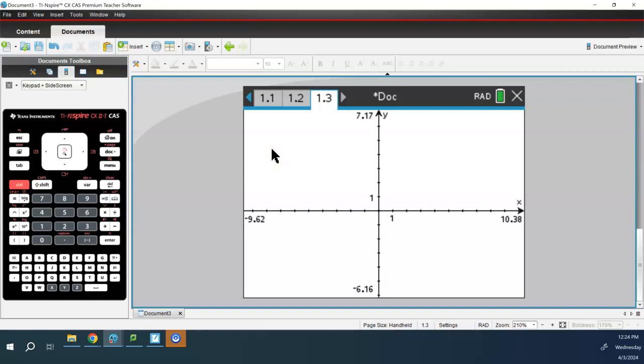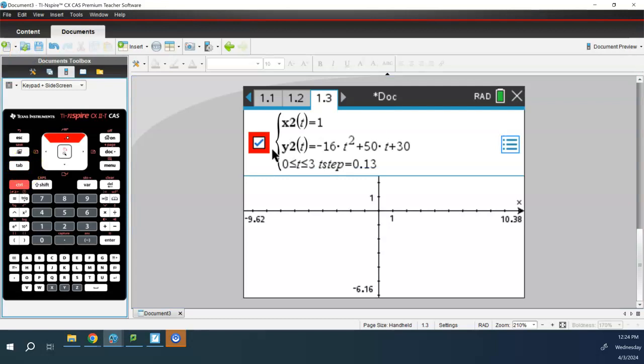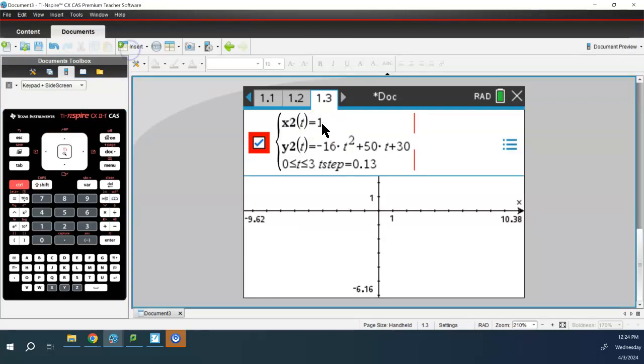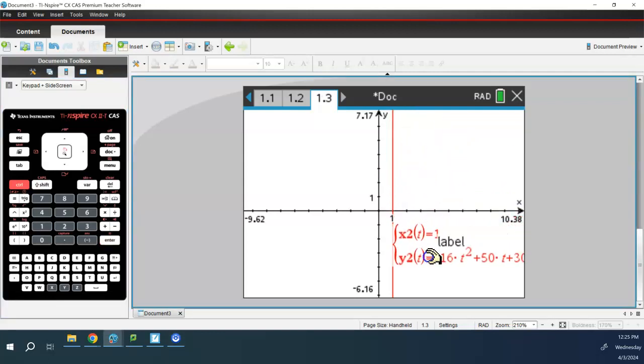What did I screw up on? Negative 16t squared plus 50t plus 30. But we see the true motion of it, yes, but we don't see the whole thing. So we got to adjust our window once again.